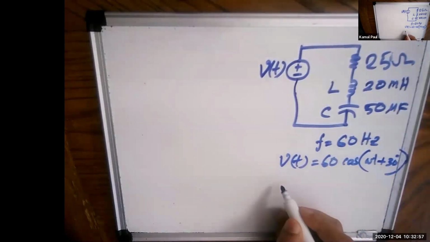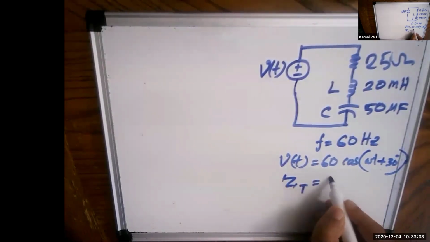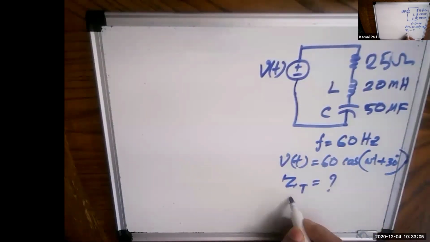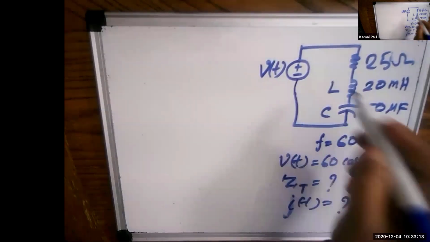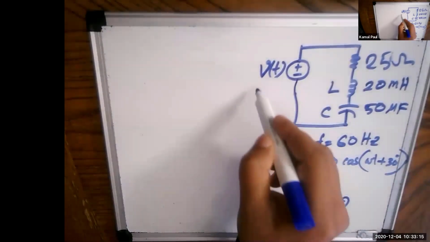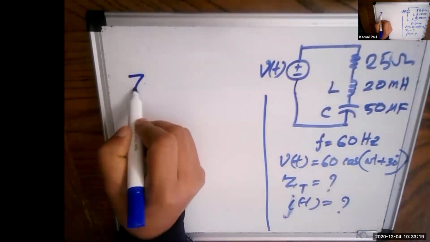Now we have to find the equivalent impedance Z(T), and we have to find the current, I(t). Only one current is here, right? Now tell me how we find Z(T).